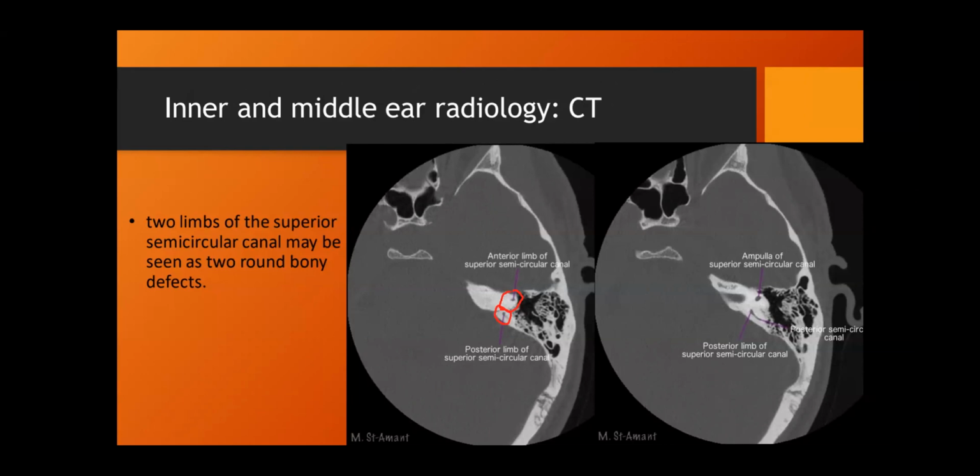When we are going downward, this is the defect, and then we will start to see the posterior semicircular canal.